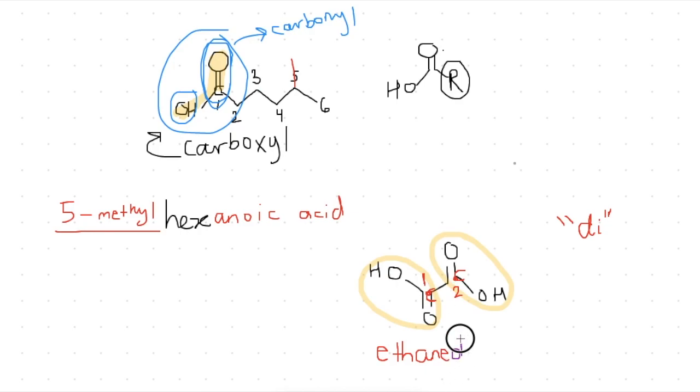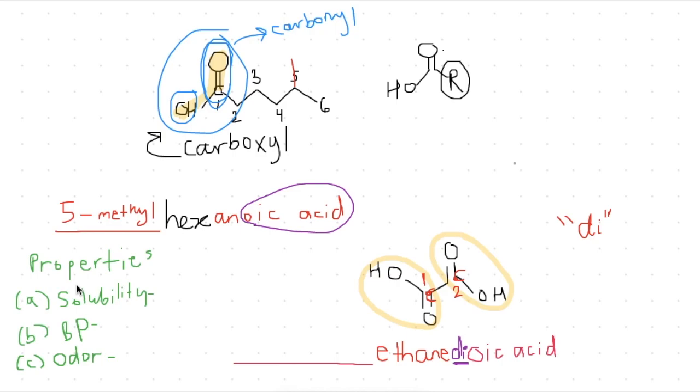But we put a di right before the name of the oic acid, because this signifies we have a carboxylic acid, di signifies we have 2 of them, and ethane is how many carbons are in between those 2 groups. So this is ethanedioic acid. Any substituents we have would come at the beginning, just like we usually do.